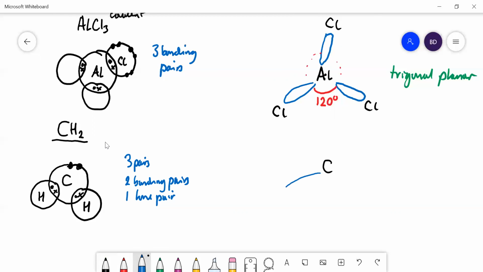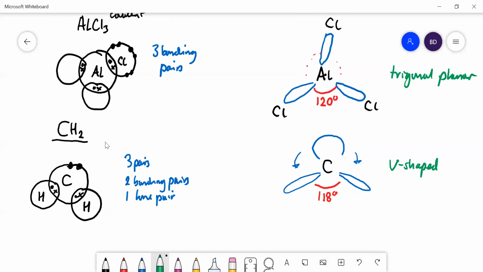Here are our bonding pairs, and we've got our lone pair, which is pushing these 2 together, making the bond angle a bit smaller. So it's going to be probably something like 118. And you would describe that as being V-shaped.